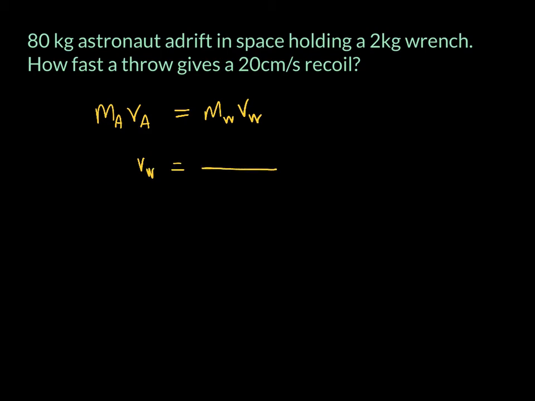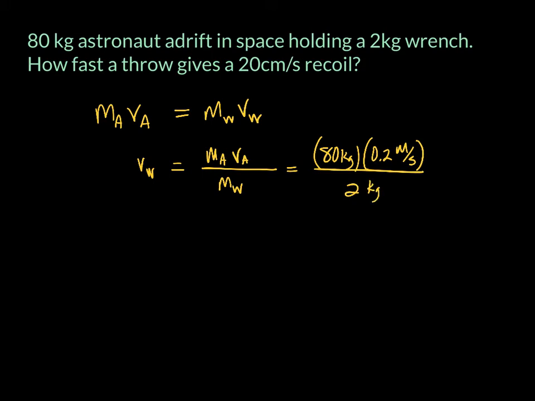And that's going to give me the mass of the astronaut times the speed of the astronaut, over the mass of the wrench. Well, if the mass of the astronaut's 80, and the speed of recoil that I want is 20 centimeters per second, well, that's going to be 0.2 meters per second. And the mass of the wrench is 2 kilograms.